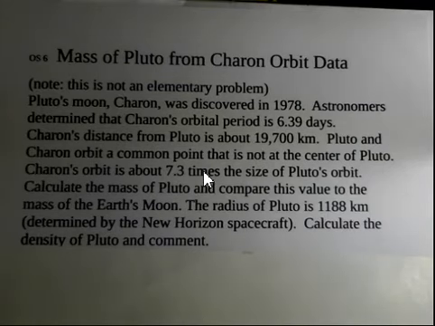The two objects orbit a common point that definitely is not at the center of Pluto. Not going to calculate that point, but we're going to take advantage of the fact that the moon's orbit is 7.3 times the size of Pluto's orbit. That will give us information about the mass ratio for the two bodies.